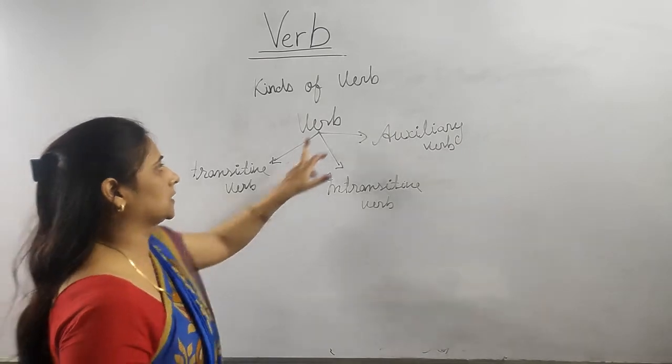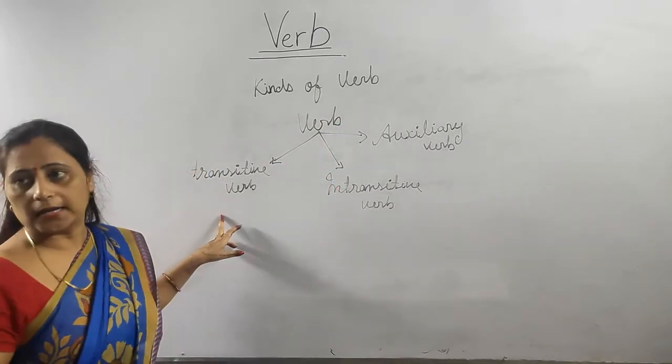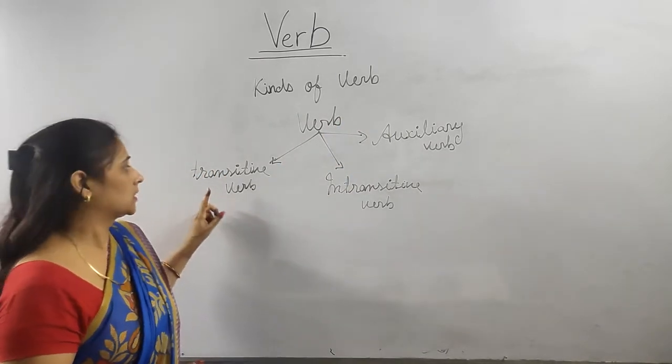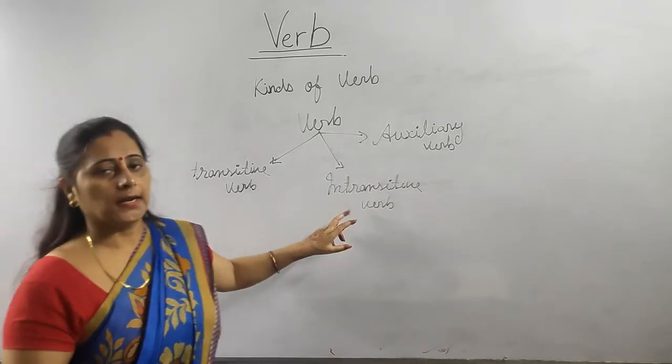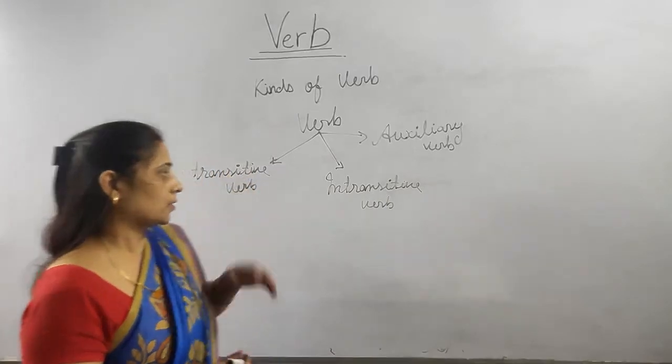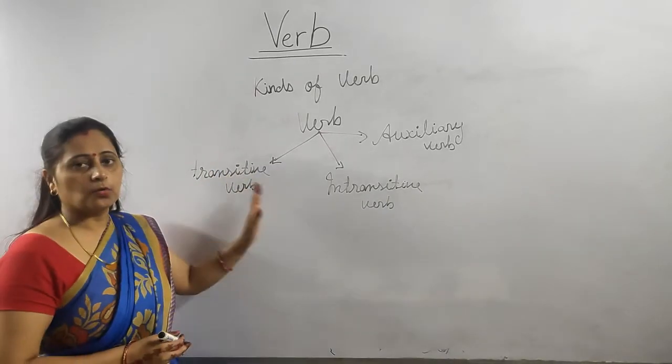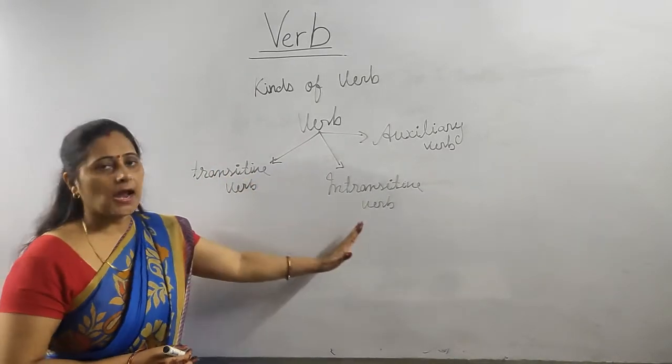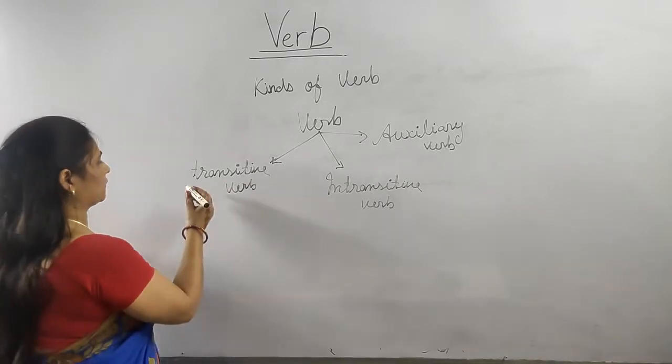As you can see here, verb can be divided into three parts: transitive verb, intransitive verb, and auxiliary verb. Okay. So let me tell you what is transitive verb and what is intransitive verb.